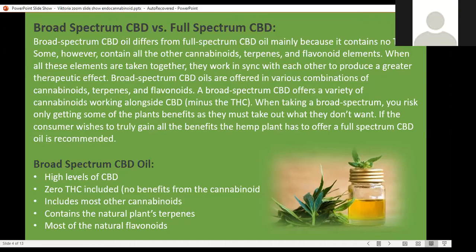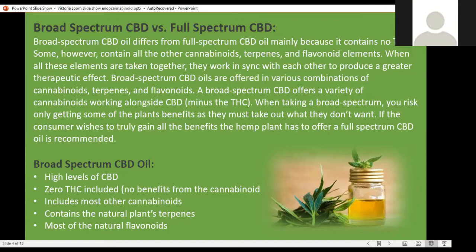A broad spectrum CBD offers a variety of cannabinoids working alongside CBD minus the THC. When taking a broad spectrum, you risk only getting some of the plant's benefits, as they must take out what they do not want. If the consumer wishes to truly gain all the benefits the hemp plant has to offer, a full spectrum CBD oil is what's recommended.